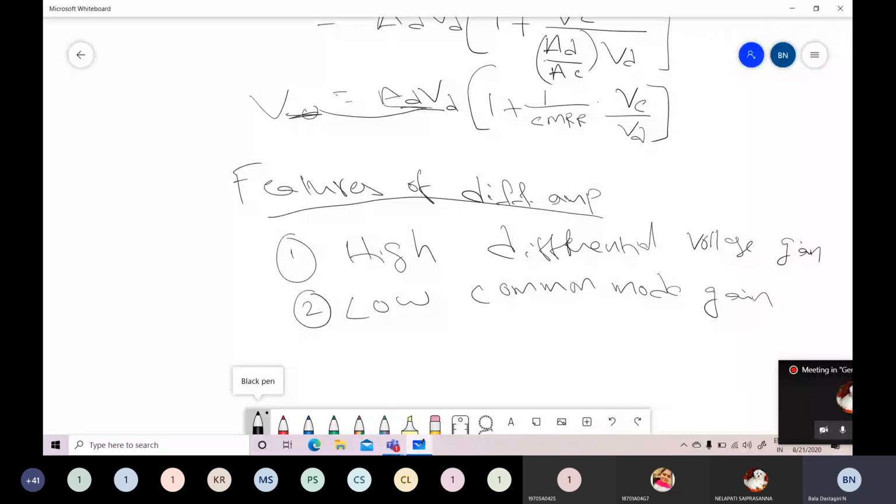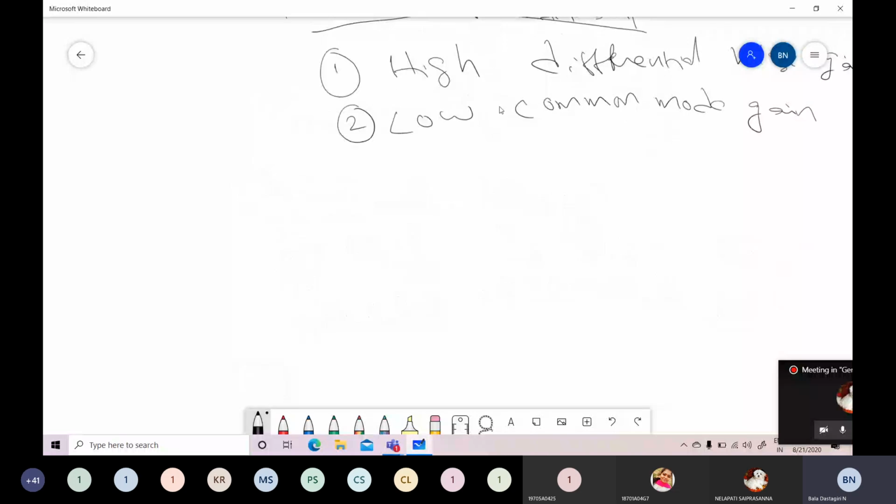The first one is high differential voltage gain, the second one is low common mode gain, and the third important feature is that it should have high CMRR, that is, high common mode rejection ratio. Why high CMRR? Because CMRR is equal to the ratio of AD by AC, so it has the ability to reject the common mode signal. Therefore the differential amplifier should have high CMRR.